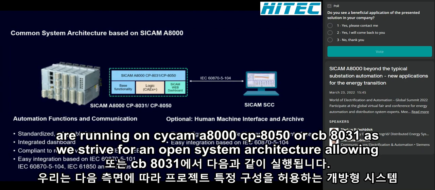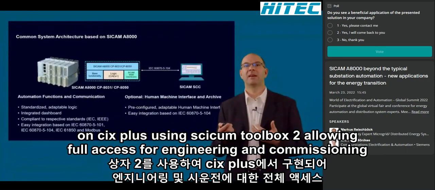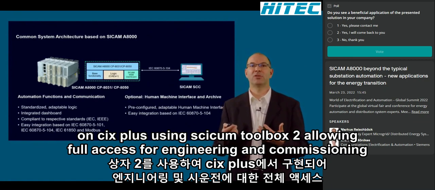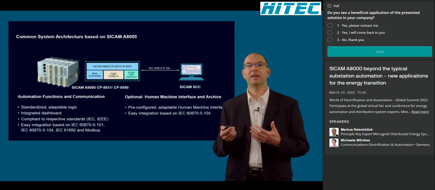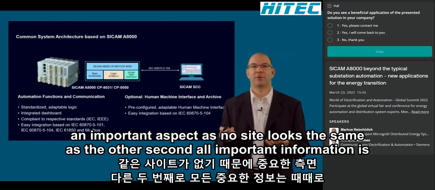As we strive for an open system architecture, allowing project-specific configurations, following aspects are important. At first, the logic is implemented on CFC Plus using SICAM Toolbox 2, allowing full access for engineering and commissioning. An important aspect, as no site looks the same as the other.